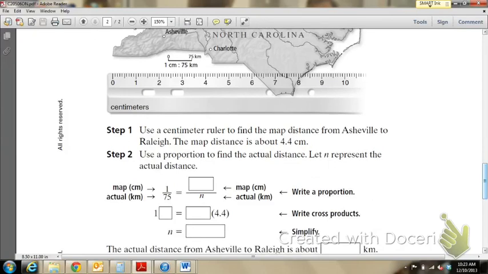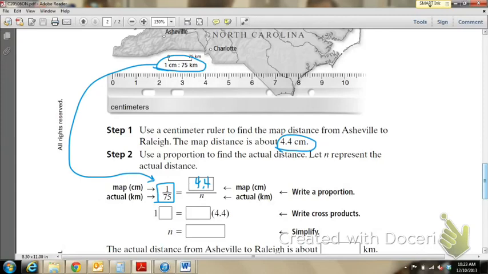Okay, now on the scale, which is right here, they tell you that 1 centimeter is equal to 75 kilometers. So they set up the scale as a fraction. Now they gave you 4.4 centimeters as the measurement on the ruler there. So centimeters goes in top, so 4.4 over, I don't know the actual distance, so we call it N.